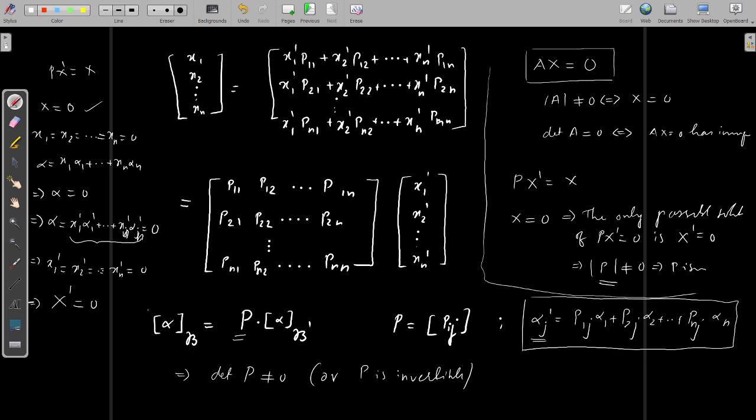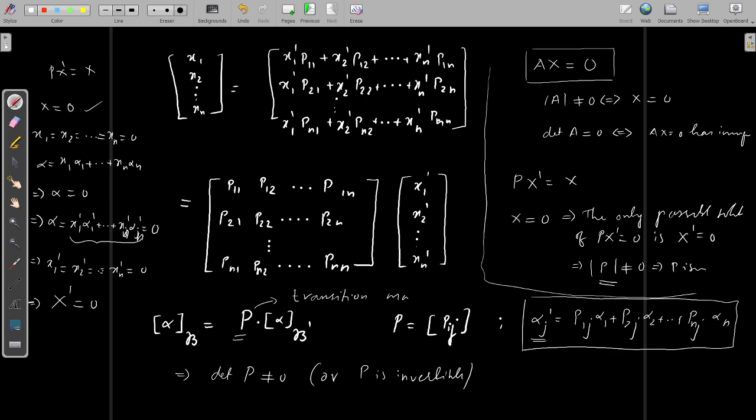So this shows that whenever we write the coordinates of a single element relative to two distinct bases, we can translate one coordinate to another using a matrix P. So this matrix is also called the transition matrix.